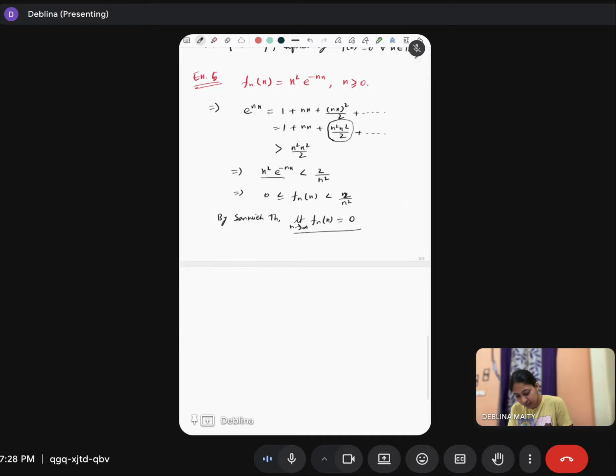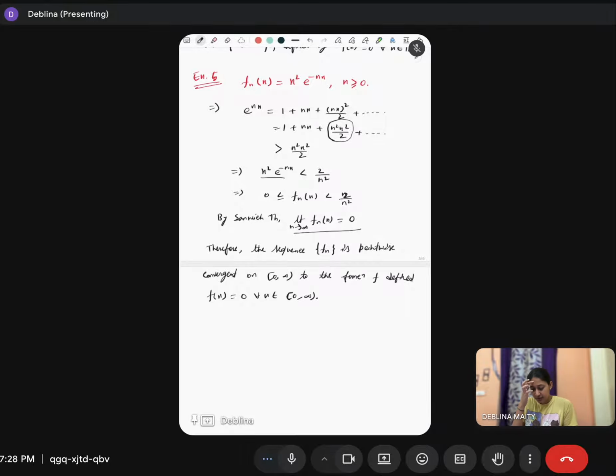Okay, so therefore the sequence f_n is pointwise convergent on [0, infinity) to the function f defined by the 0 function for all x belongs to [0, infinity).